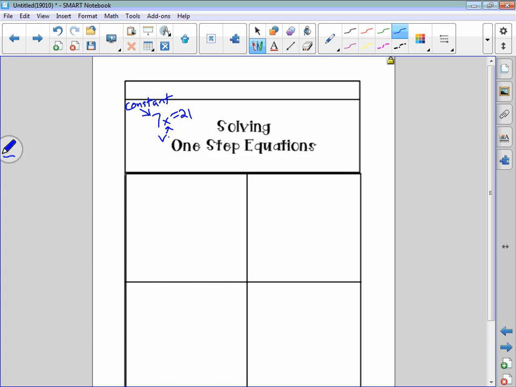X is what is called a variable. Then with multiplication, there isn't any actual sign here, but the operation is multiply.